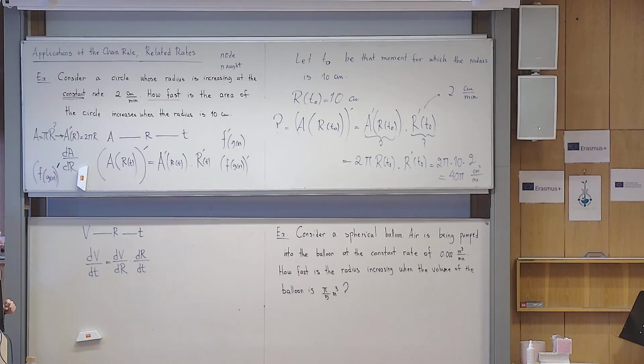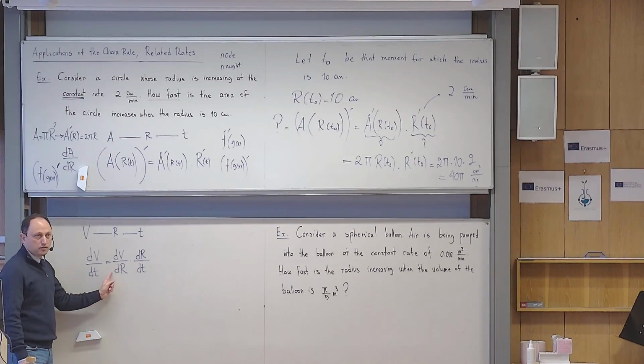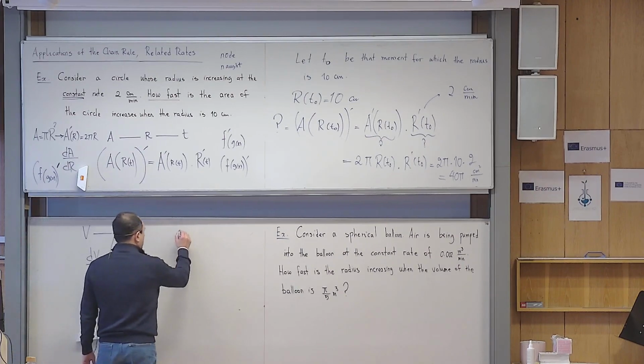For this one I do not have any formula, and for this one I do not have any formula, but for this one I have, because if you see the formula sheet, there is a relation between V and R.